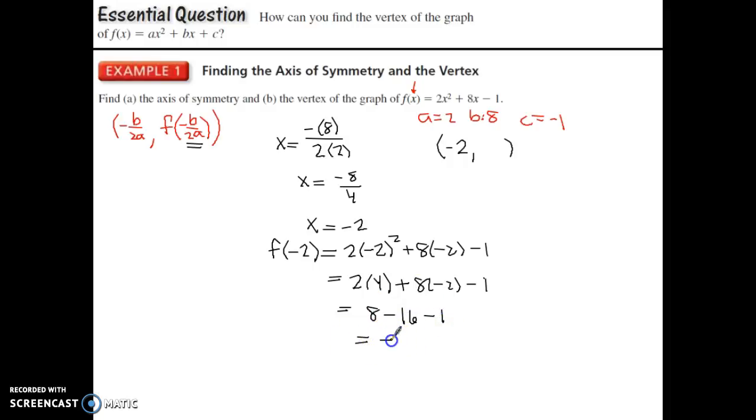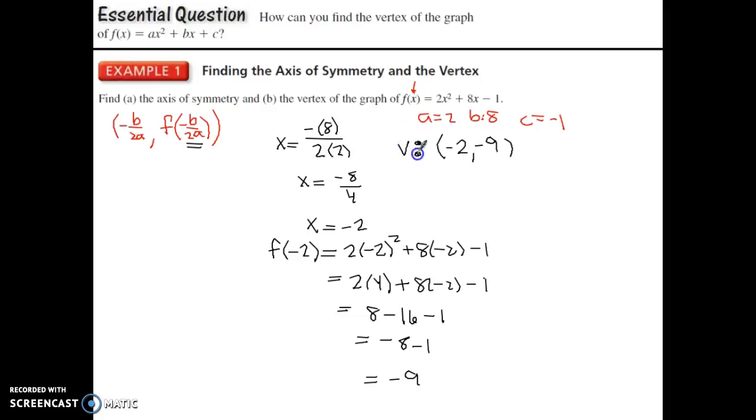This gives me negative 8 minus 1, which is a negative 9. So I plugged in my x value of negative 2 and got a y value of negative 9. So my vertex is the coordinate negative 2, negative 9.